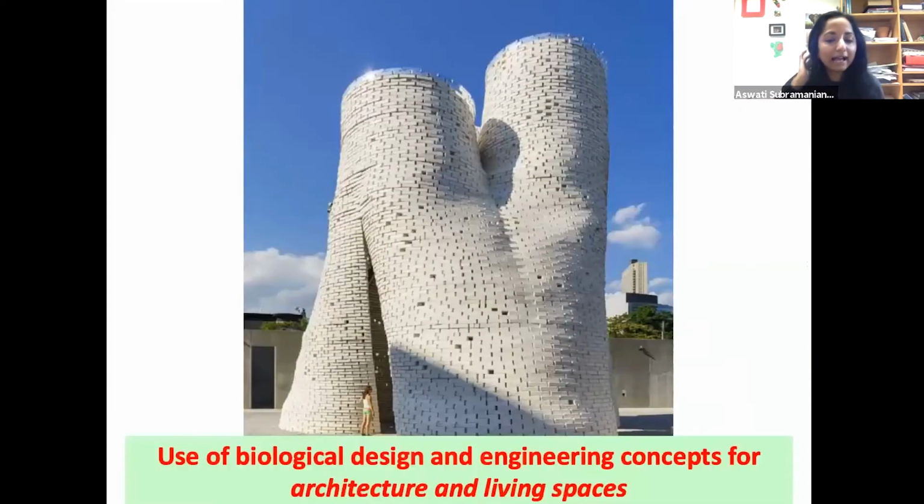You also have other architectural spaces that are not necessarily temporary. So here's an image of a space that was built in Queens, New York. And these bricks that you see line the walls of a temporary space that was meant for an art exhibition. And those bricks are not made using cement or any other artificial product.